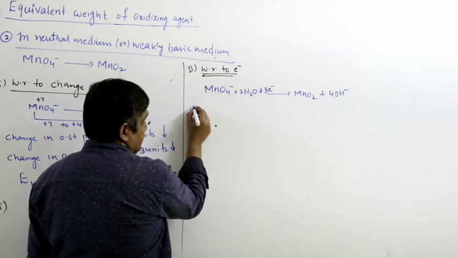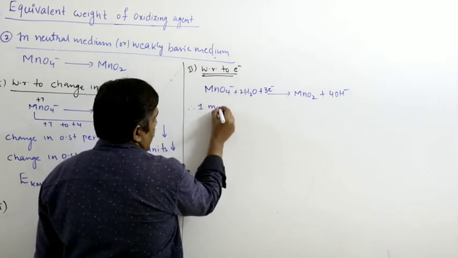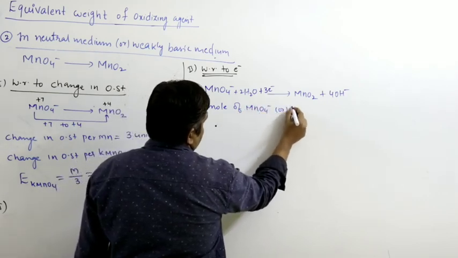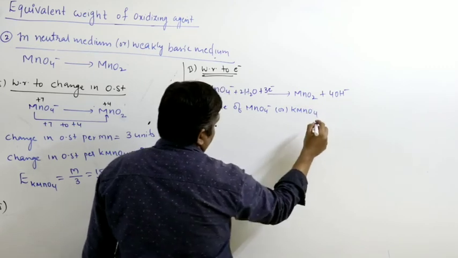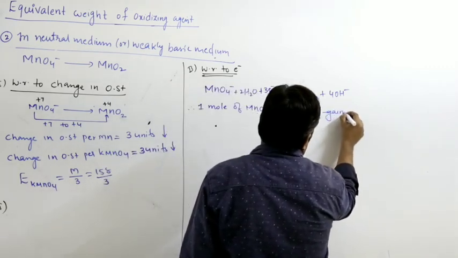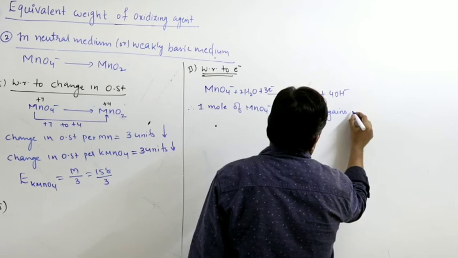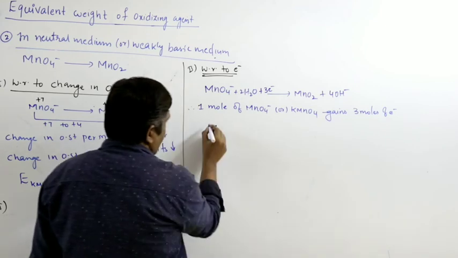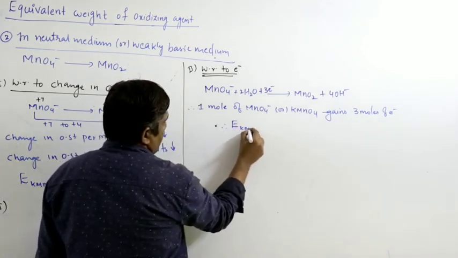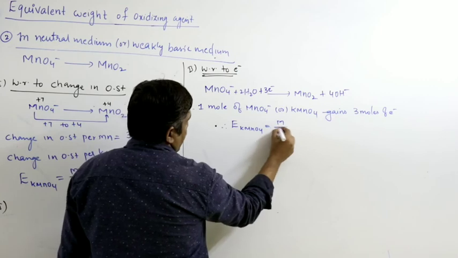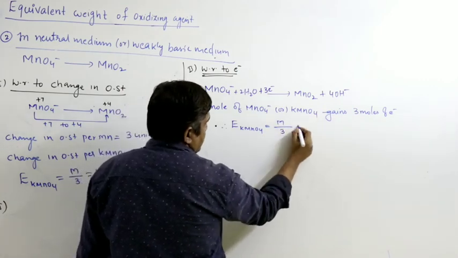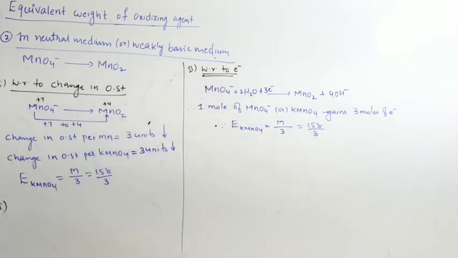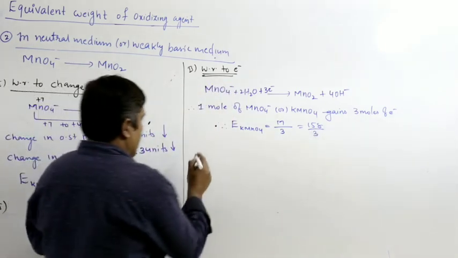So what is the meaning of this? 1 mole of KMnO4, 1 mole of MnO4 minus, gains 3 moles of electrons. Therefore, equivalent weight of KMnO4 is molecular weight by number of moles of electrons gained, that is 3. 158 by 3. Both are the same. So what is the third possibility?